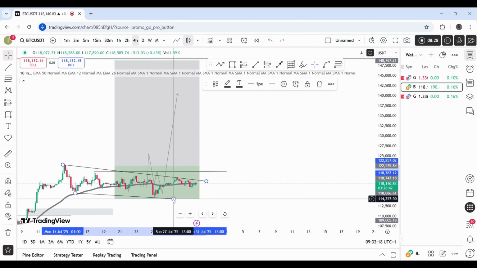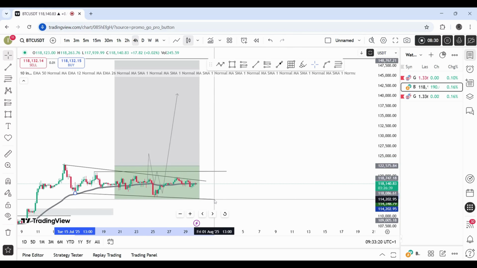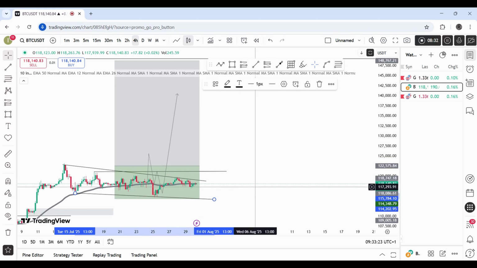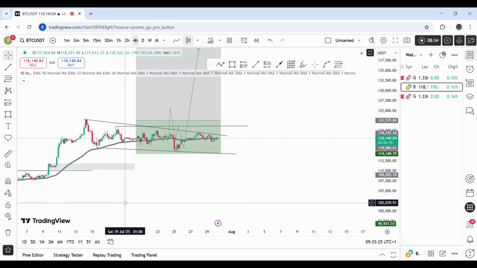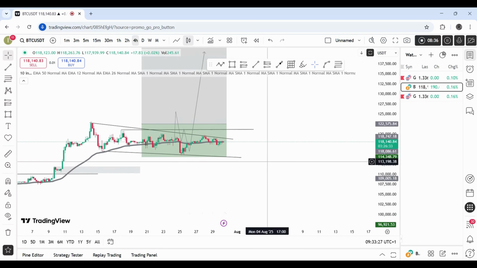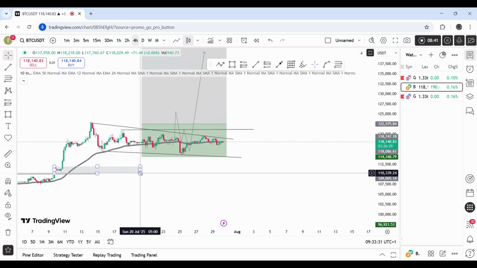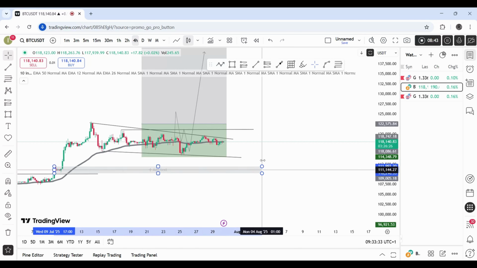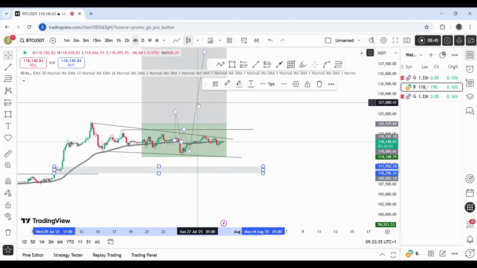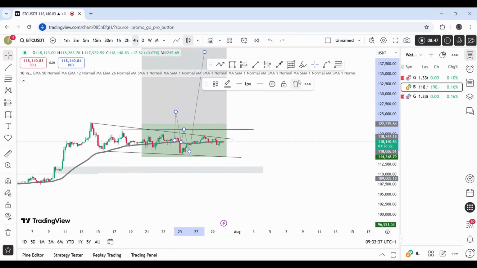We can see a channel shape in Bitcoin. So we're still waiting for price to take out this high, or if price cannot take out this high, price can also come in like this.